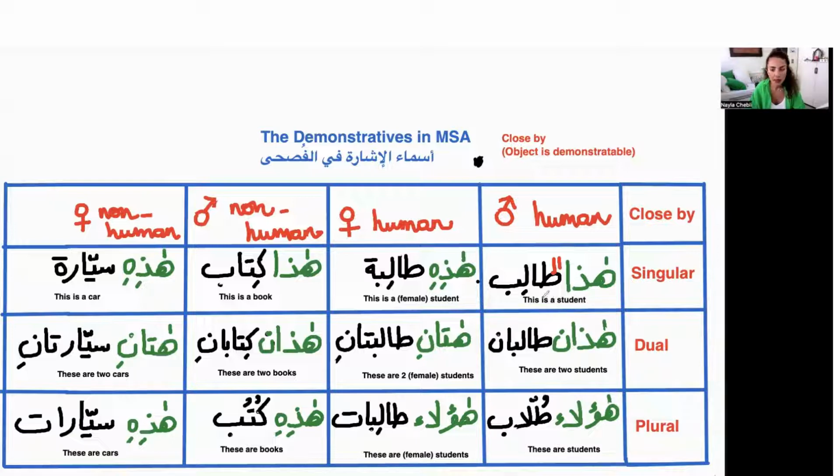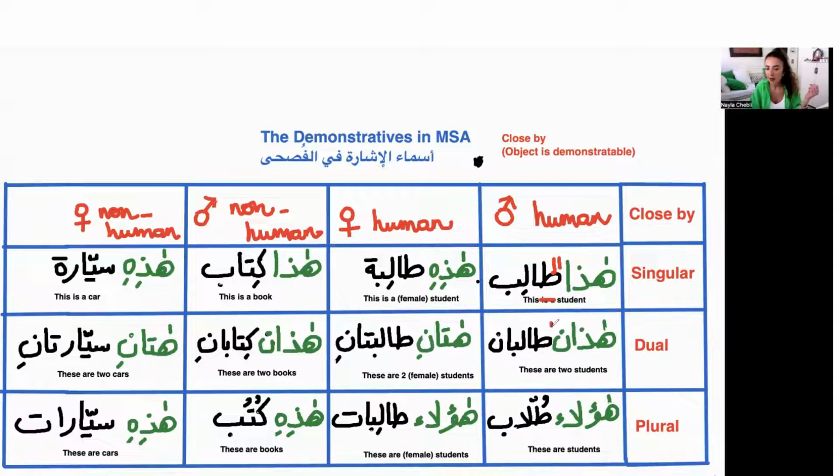It becomes this student. Not this is a student, but this student. But then I would need to continue my sentence. This student is Rami. So, هذا الطالب هو رامي. Okay? This applies to all of these examples.